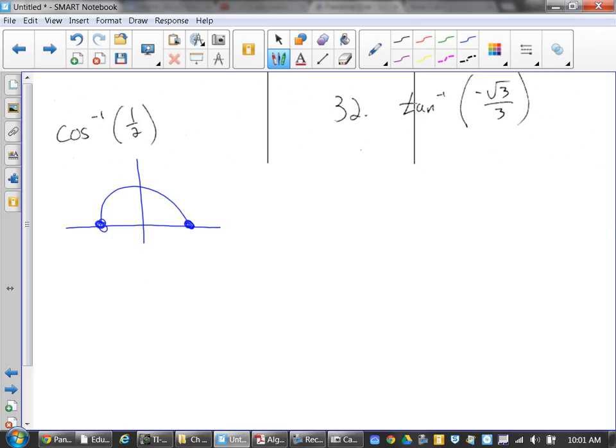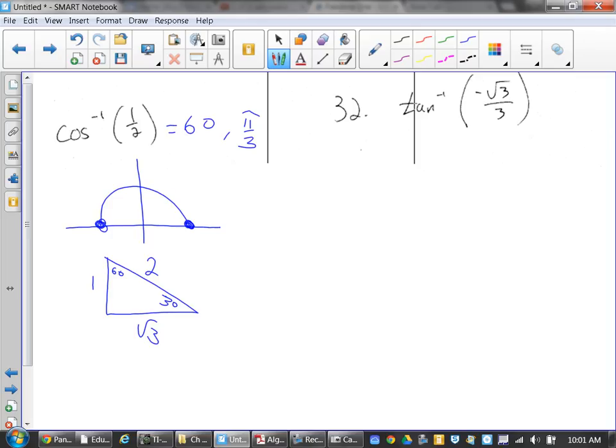So if I draw it out, I know that if I put my 30 here, this would be 1, root 3, and 2. Which of those angles has the ratio of 1/2? 60. 60 degrees has the ratio of positive 1/2. What is that in radians then also? Pi over 3. There you go.